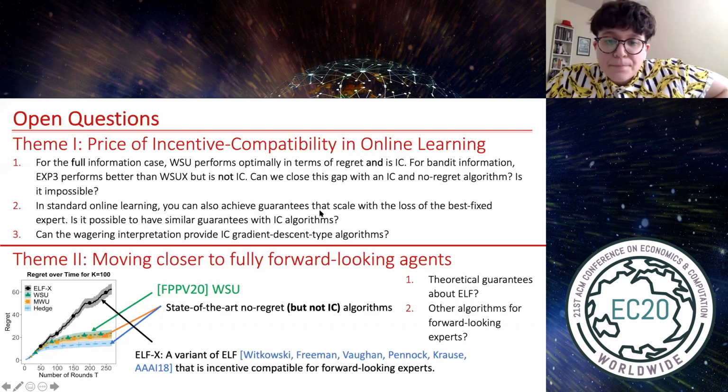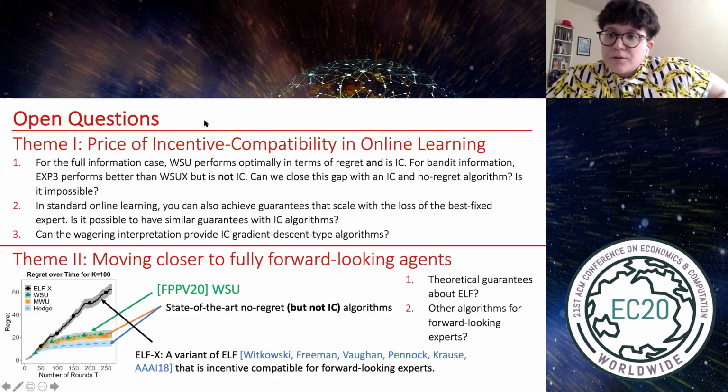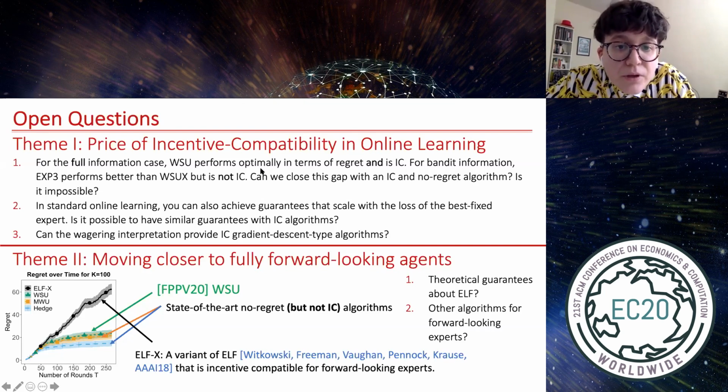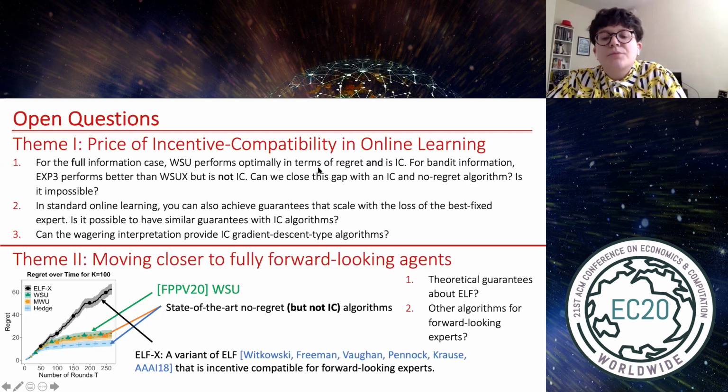Okay. And unless we have other questions, in the incentive compatible online learning part of the tutorial, we're going to switch gears a bit, oh, there are two more Q&As. But the learner does get to observe the prediction of every expert when it applies the wagering mechanism or market prediction, right? Excellent question.